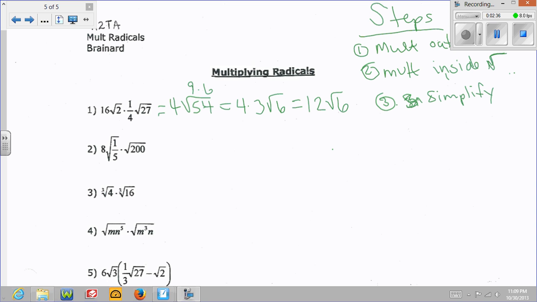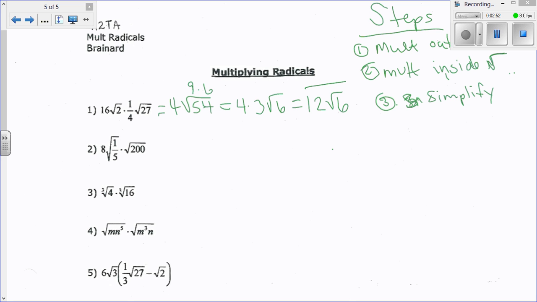Okay, sorry about that. Just having a little issue with the pen. So I take the 4 times the 3 and I multiply together. I get the 12. The 6 can't be simplified, so I leave the radical 6 in the answer. So my final answer is 12 radical 6.